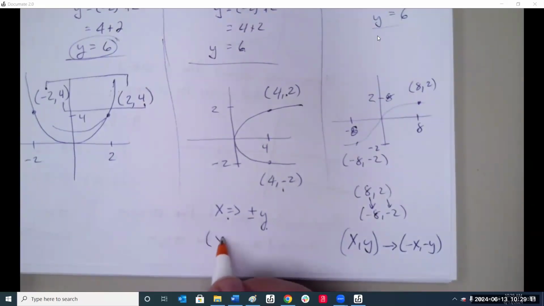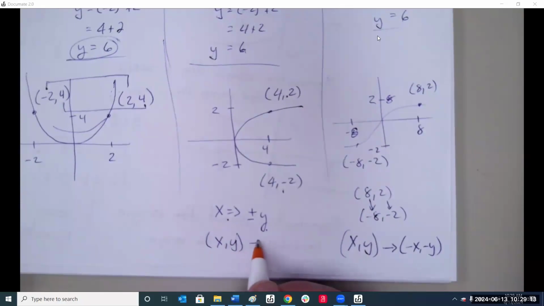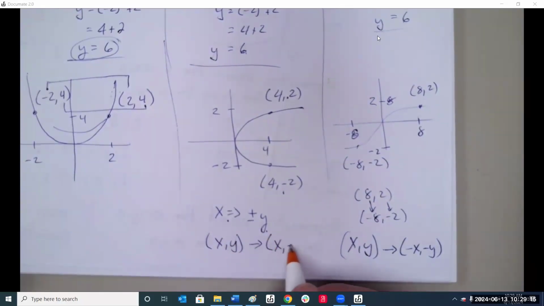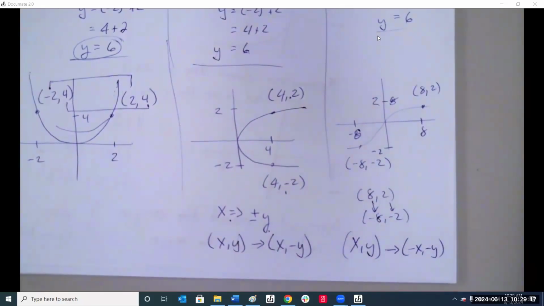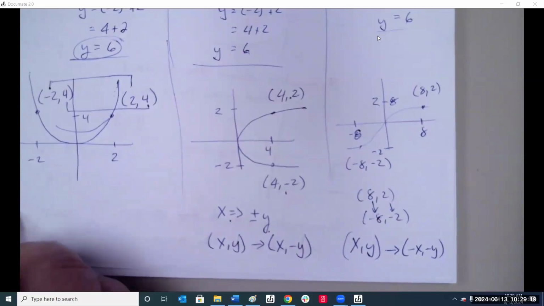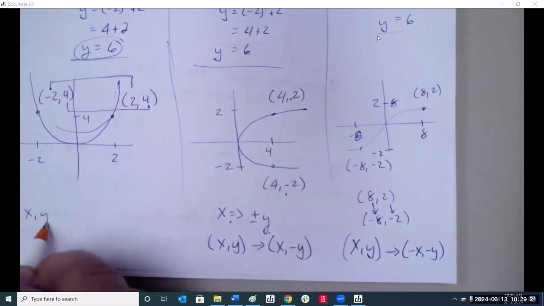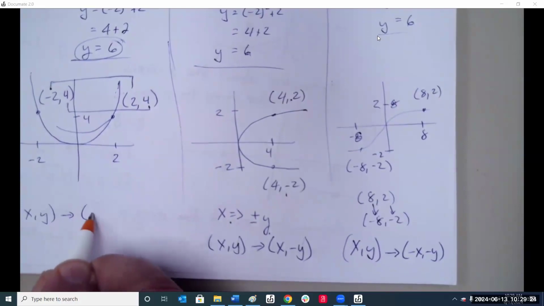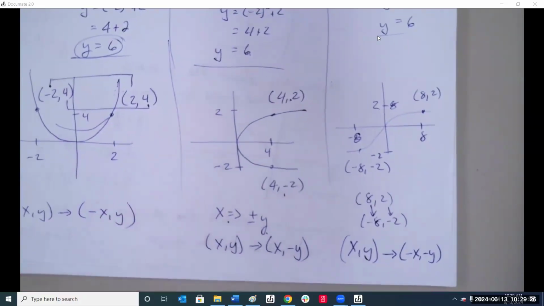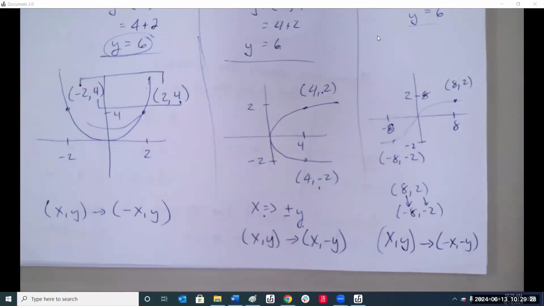This one goes from x, y to x, -y. This one goes from x, y to -x, y. That's what you're looking for at 2 points of the curve. So that function, all we can tell about it is an even function.